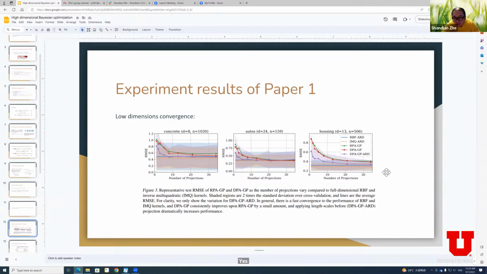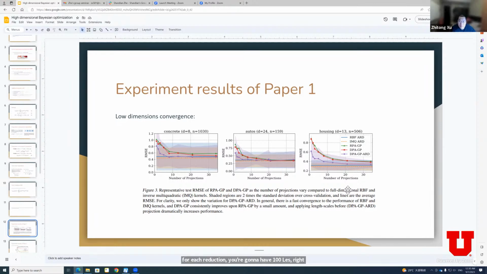If you have orthogonal projection, why do you learn the length scale? But anyway, it's natural to learn additional kernel parameters. But there are also many, right? If you have very high dimensional data, like 100 inputs, for each projection you're going to have 100 length scales, for each dimension.